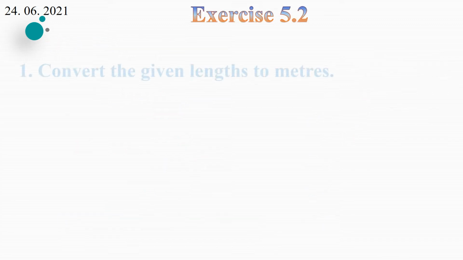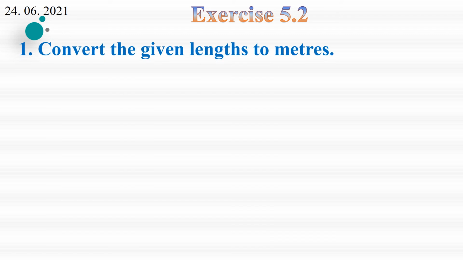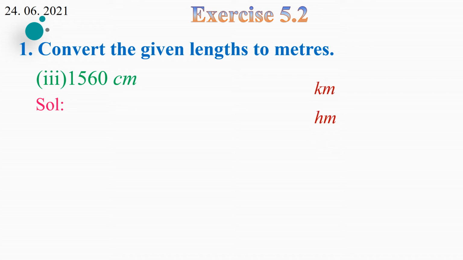Let's see exercise 5.2. First Roman, convert the given length to meters. Third problem, 1560 centimeter. Let us find the solution. Here centimeter converts to meter. First we have to write the formula, that is smaller unit to largest unit.